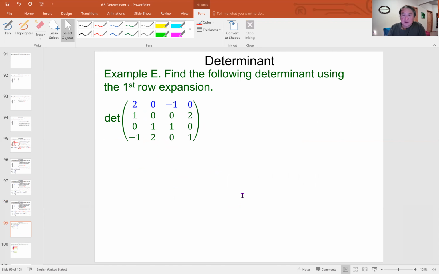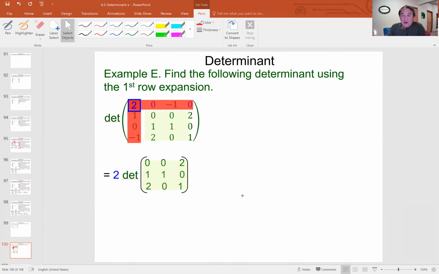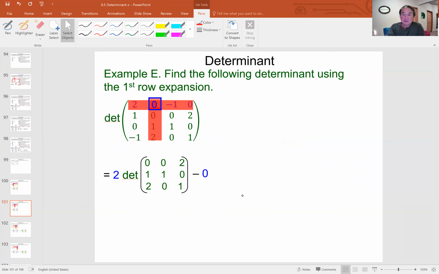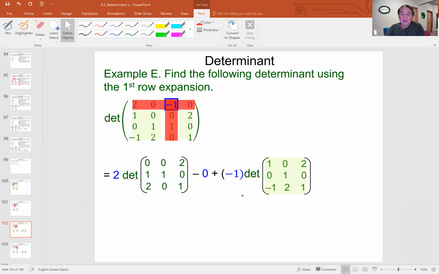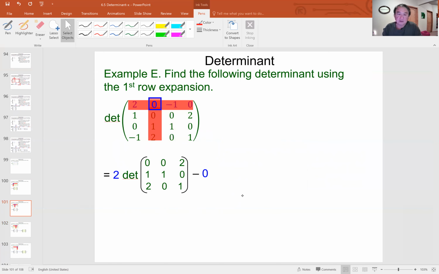I'm going to do it across the first row. 2 times the determinant of what's left over, the smaller matrix. Plus minus 0, with the plus minus sign swapping, times the determinant of all the stuff left over here, but since it's 0, it's going to be 0.